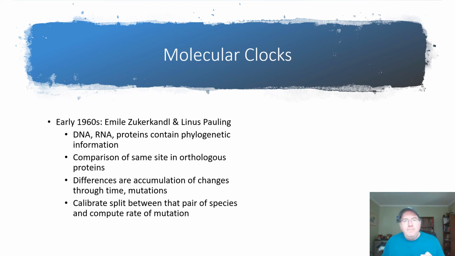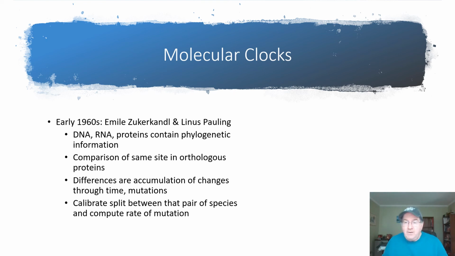And so now, if you can, in some way, maybe through fossils or some other way, know when those two species that you've been comparing in your alignment of their proteins had the most recent common ancestor, then you can calibrate the rate of mutation in that protein.